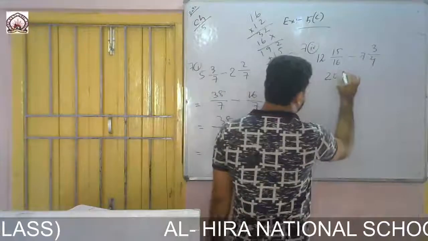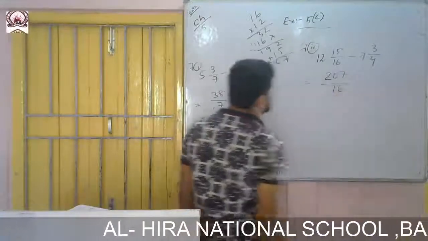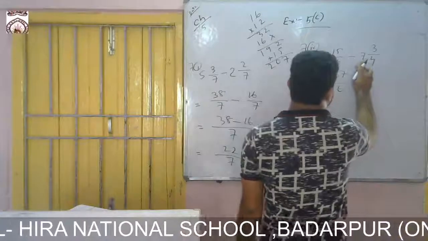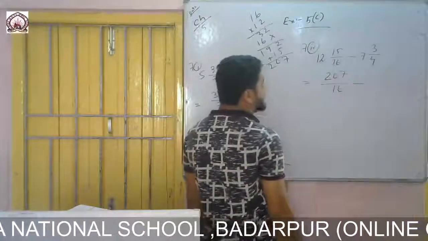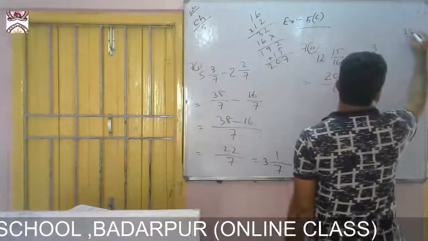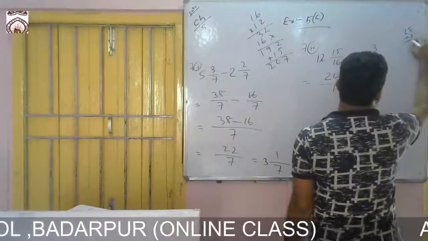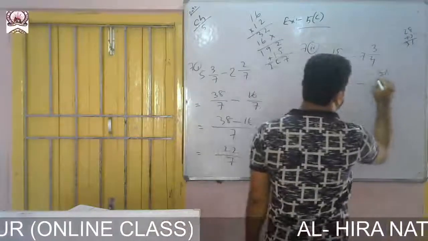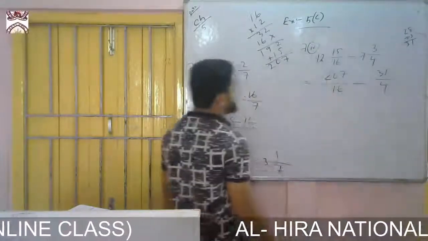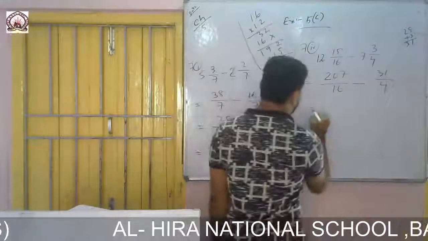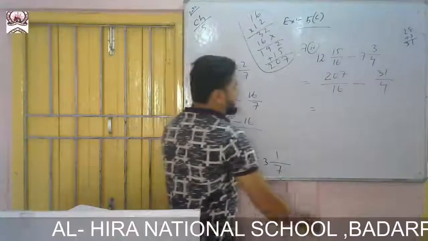So we are getting 207 by 16 minus this side. 7 4s are 28, 28 plus 3 is 31. So 31 by 4. Now you take the LCM.